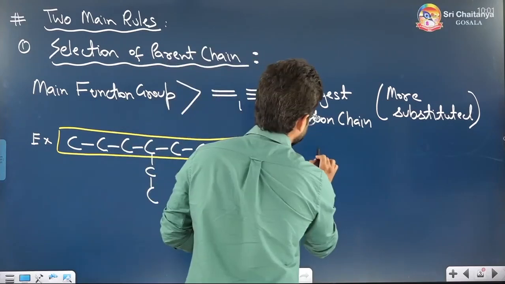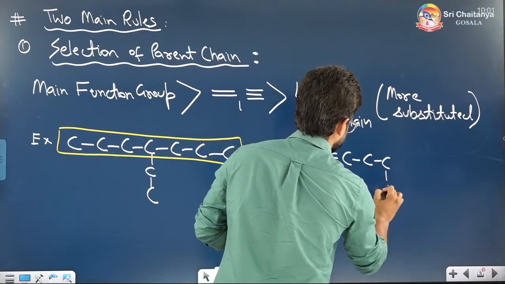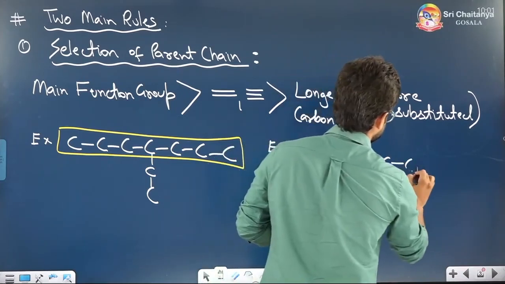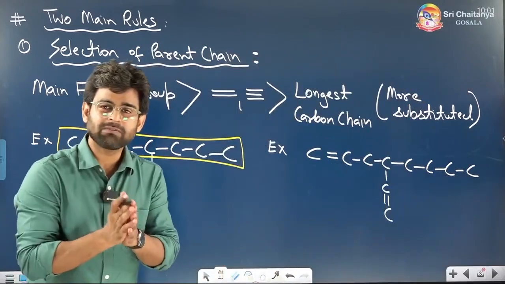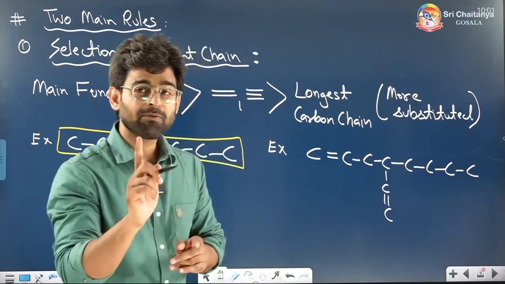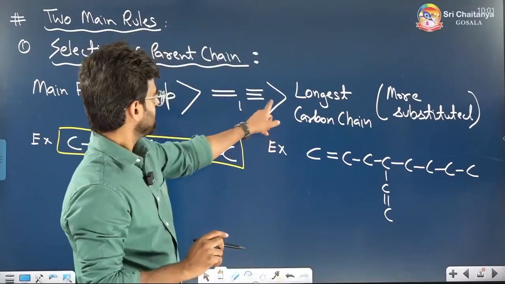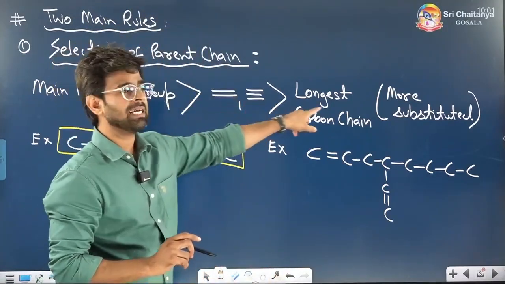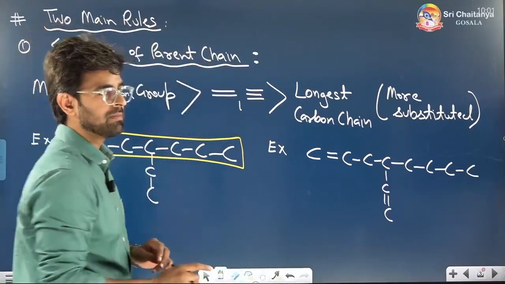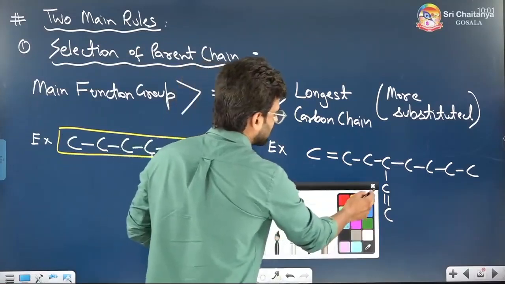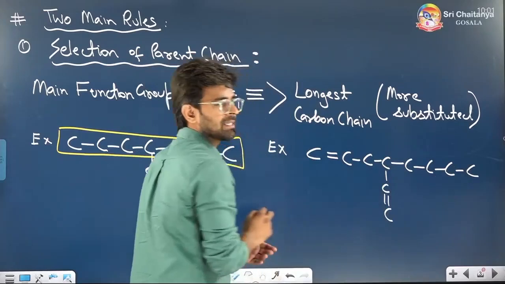Think about it. Which chain should I take as my main chain? Be careful, pi bonds are more important than the length of the chain. Should I take the straight chain as my main chain, or should I go for the L shape?